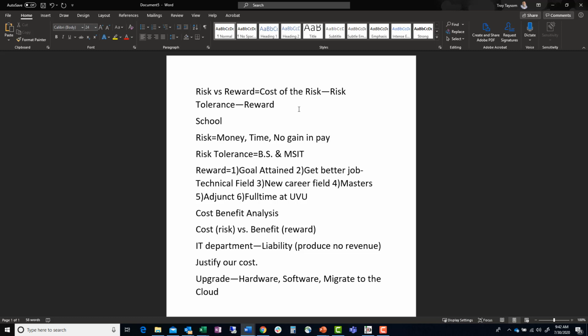But I really want to impress this on you guys, okay? When we're talking about risk management, this is one portion of it, which is a cost benefit analysis. You have to understand how the business world decides if something is going to work for them or not.